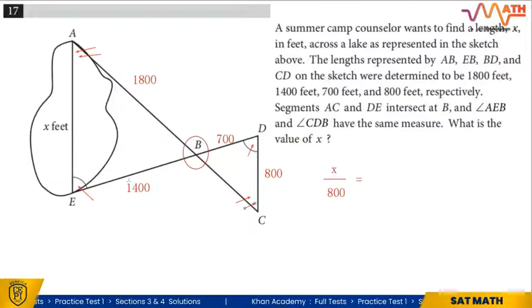The opposite of this angle in the big one is 1,400, because we start with the big one to write the ratios. 1,400 over, in the small one, it is 700. As you see, 1,400 divided by 700 will be 2. So x will be equal to 800 times 2. 1,600 is the correct answer. You have done.